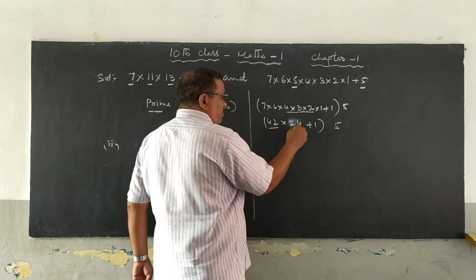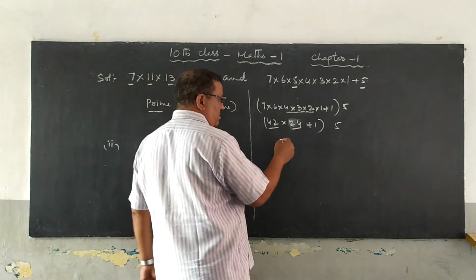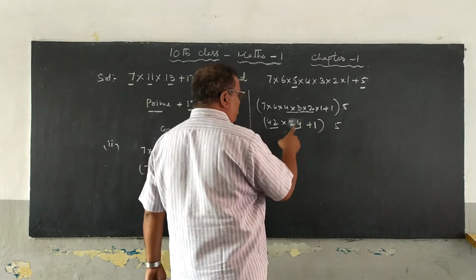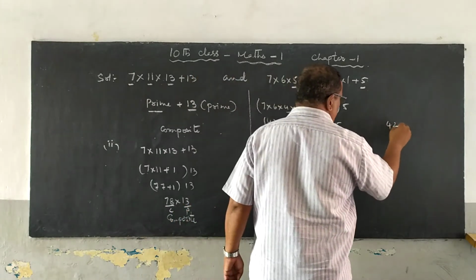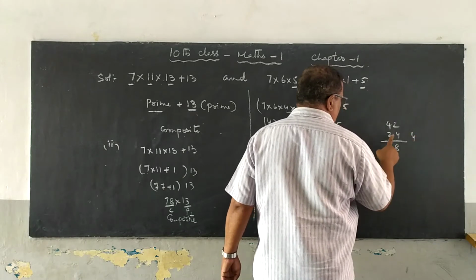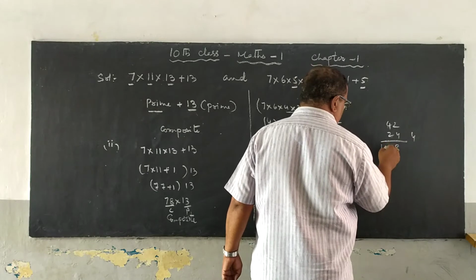The product of composite numbers is composite, plus 1.